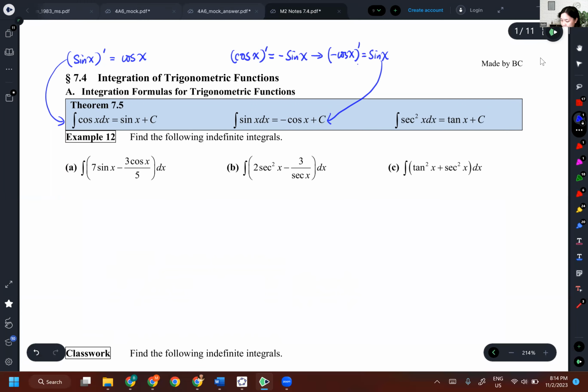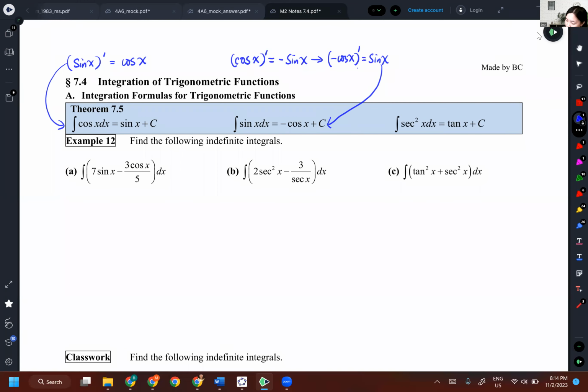And the last one is from this formula: the derivative of tangent x is secant squared x. And then you have the integral. This is from our understanding that indefinite integrals are just the reverse operation of differentiation. When you do it backwards, that's it.